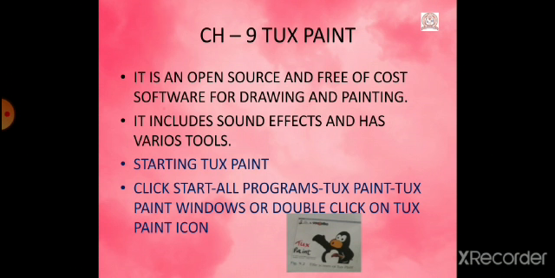You will get two choices while opening Tux Paint. You can either open it full screen by selecting Tux Paint full screen, or open it in a new window by selecting Tux Paint windowed. Usually it is better to open Tux Paint in a new window, because sometimes in full screen all the options cannot be seen.